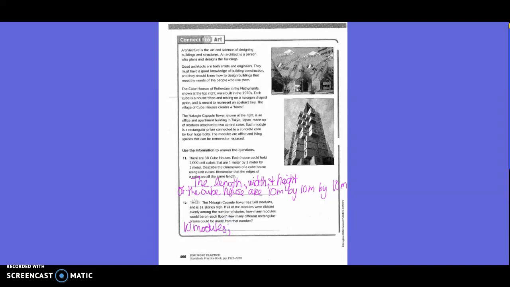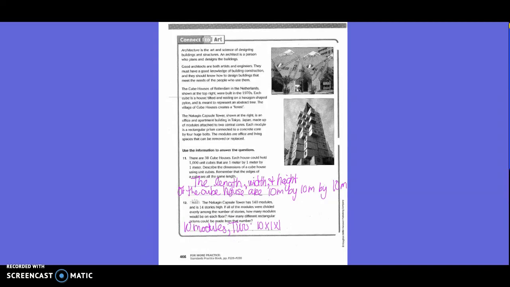Then it says how many different rectangular prisms could be made from the numbers. So we took our 10 unit cubes to make a flat because we're only using one floor, right? And then we said that how many could be made of those 10 cubes? 2. And then we did a 10 by 1 by 1 because there were 10 in a row, 1 row, and it was only 1 height.